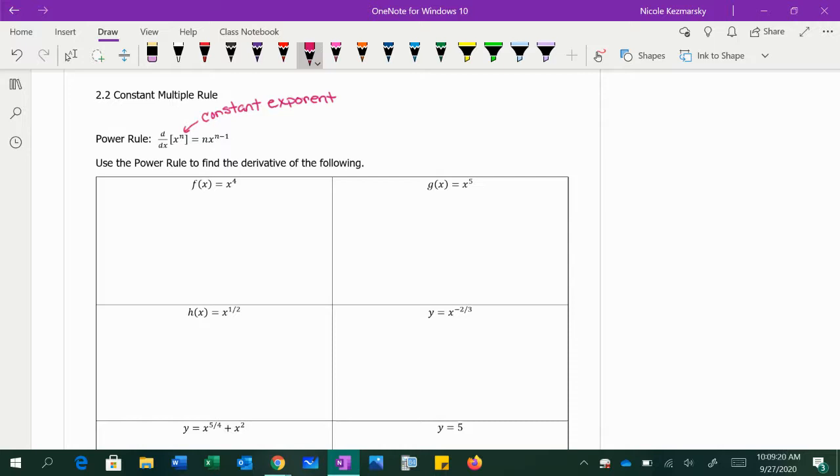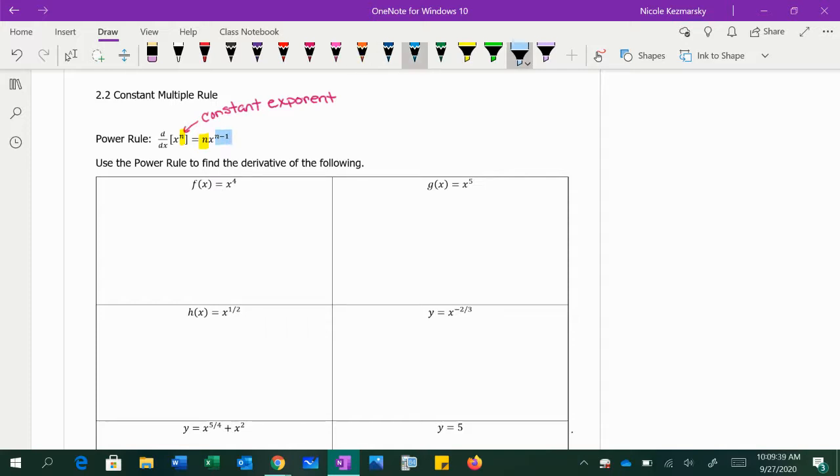And all we do is we take that exponent that we had up here, so this n, and we move it to the front. So it becomes that coefficient right there. And then we take the exponent and we subtract 1 from it.